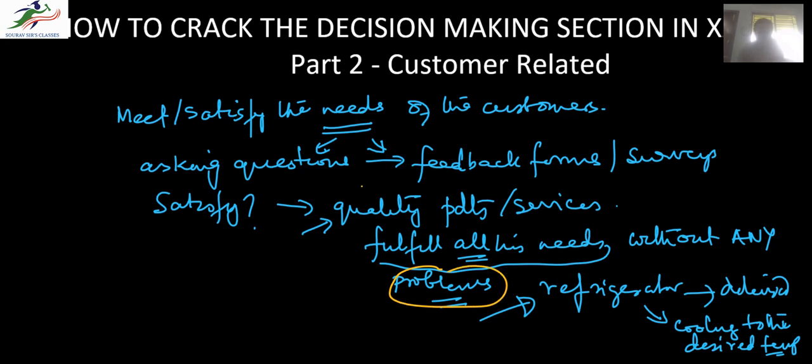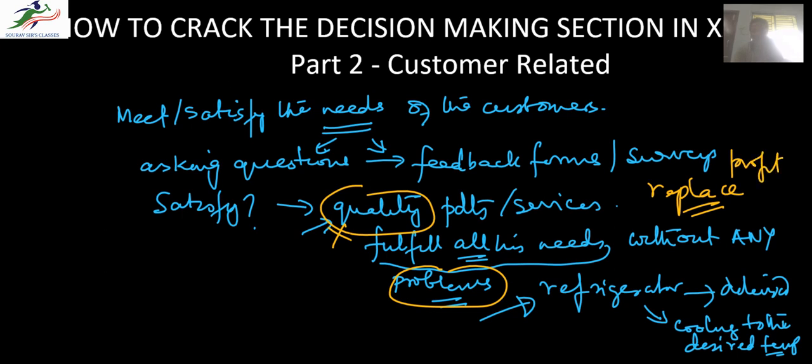So it is not of good quality. Hence, as a businessman, you will replace the product, you will incur a cost, which means that your profit goes down. Which is why quality becomes the number one parameter to ensure that you are able to satisfy the customer. What are the other parameters?